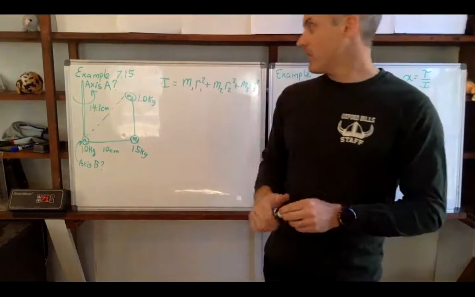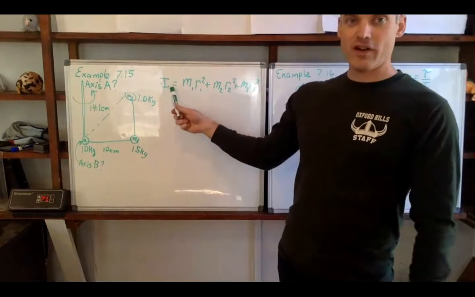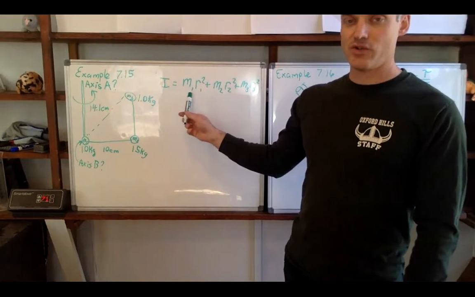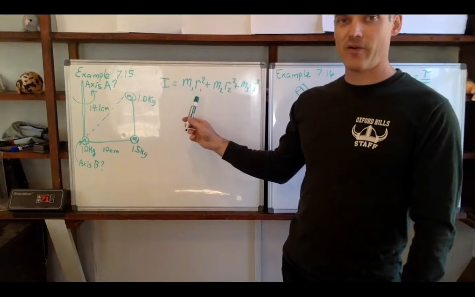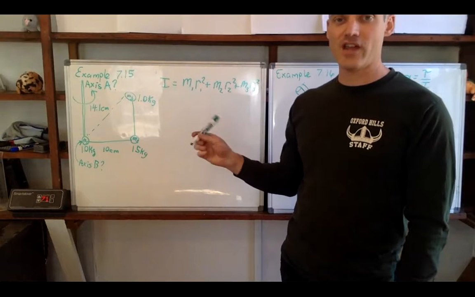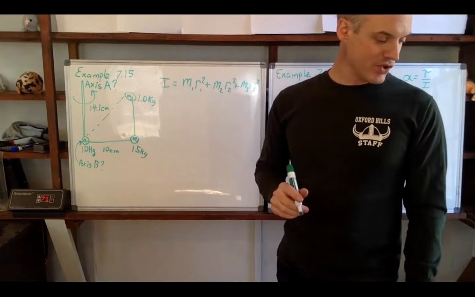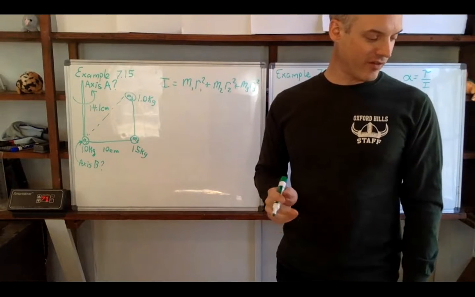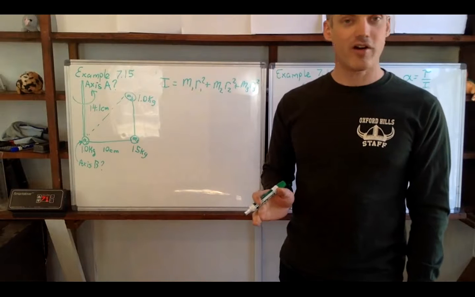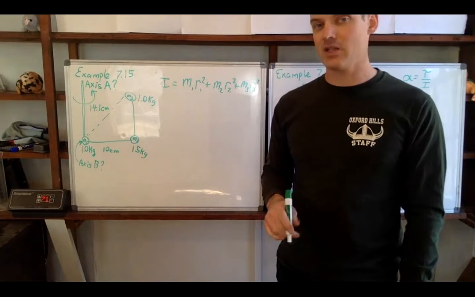So the calculation is your inertia of that rotating system is equal to your masses times your radius squared. Okay, and you have to add those all up together. One of the tricky parts is to figure out how far they actually are from that axis of rotation.